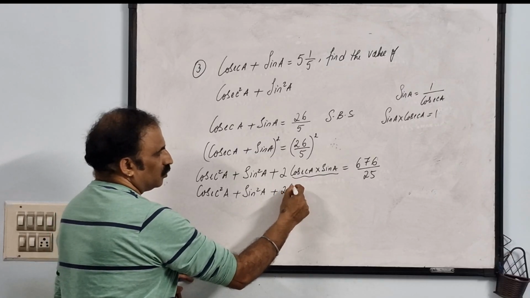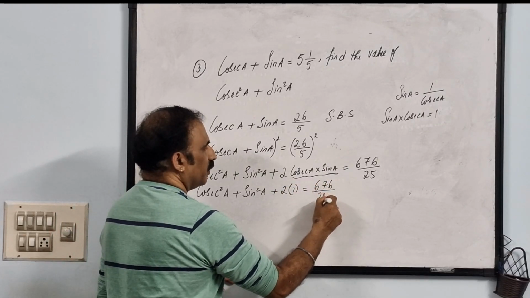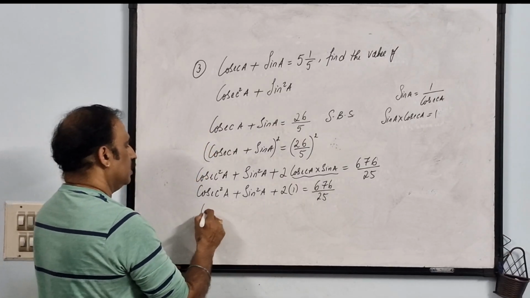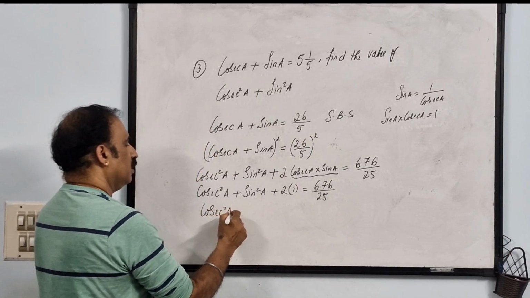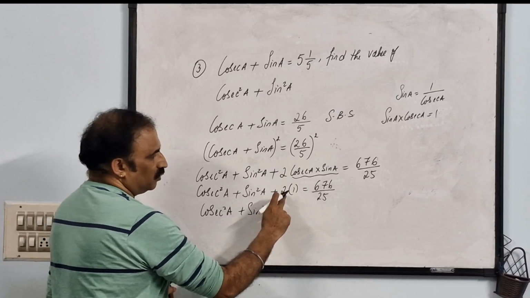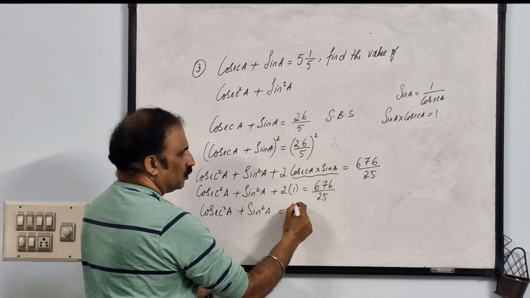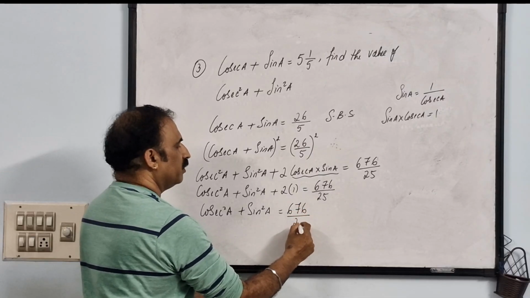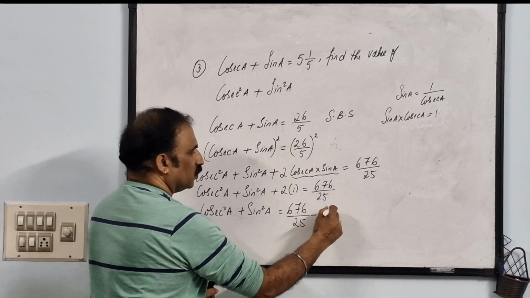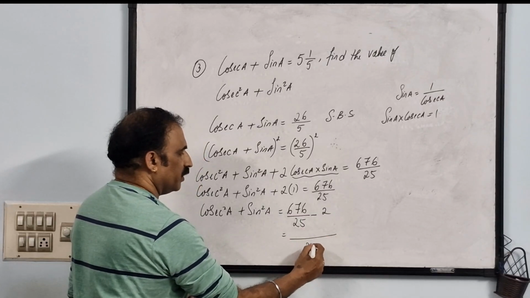plus 2 into the whole value of that, which is 1, equals 676 divided by 25. Now further, cosecant square A plus sine square A is equal to 676 by 25, and 2 ones are 2, plus 2 is shifted, it becomes minus 2. So 676 divided by 25 minus 2. Further, now LCM is going to be 25.